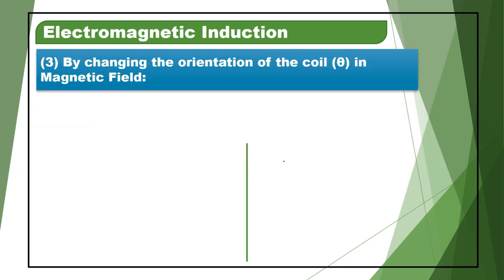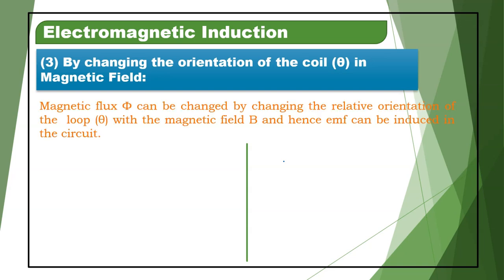By changing the orientation of the coil, theta, in the magnetic field, the magnetic flux φ can be changed by changing the relative orientation of the loop, because theta is dependent on the magnetic field B. So with the magnetic field, EMF can be induced in the circuit, like φ is equal to NBA cos θ.